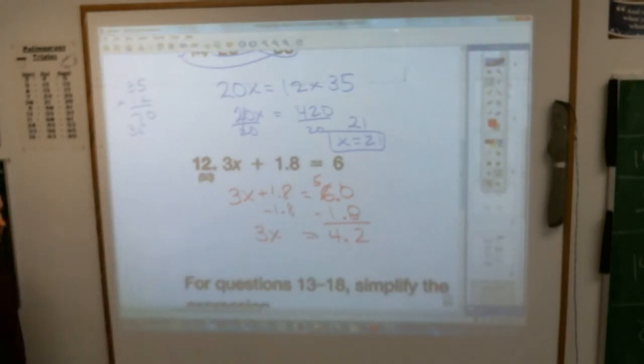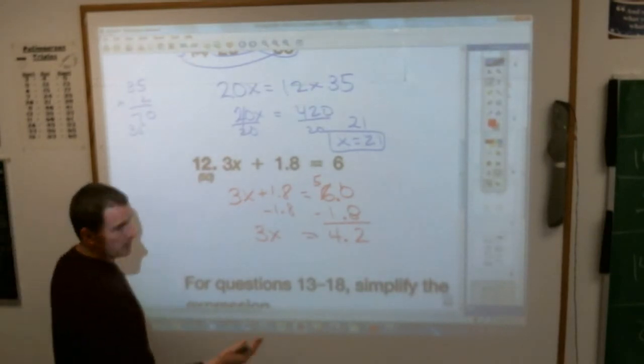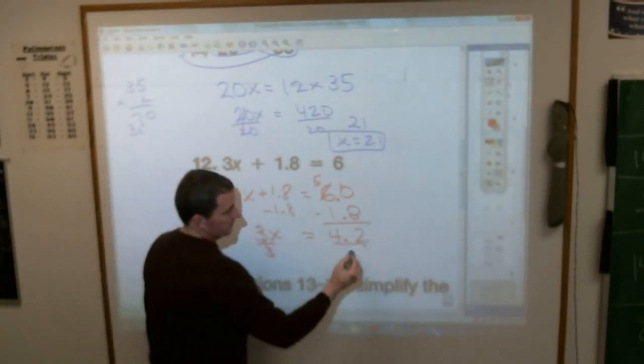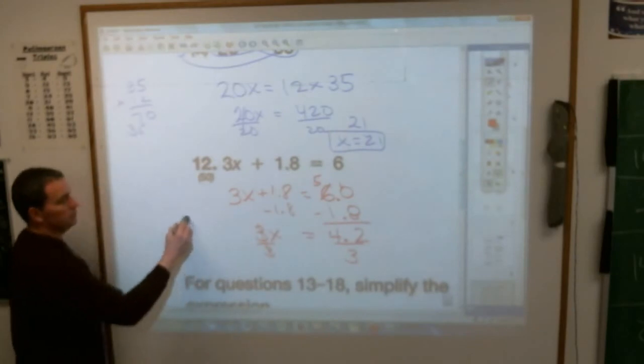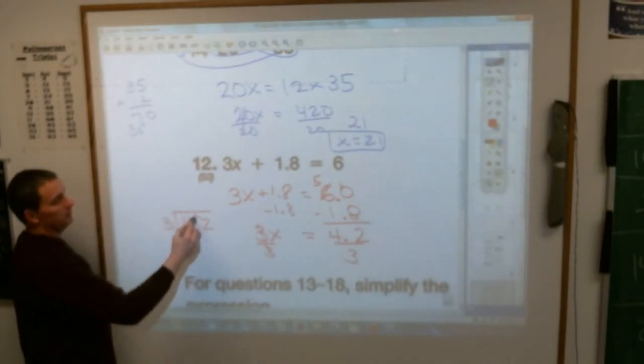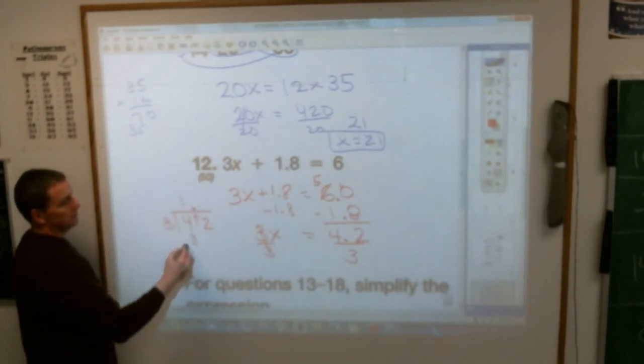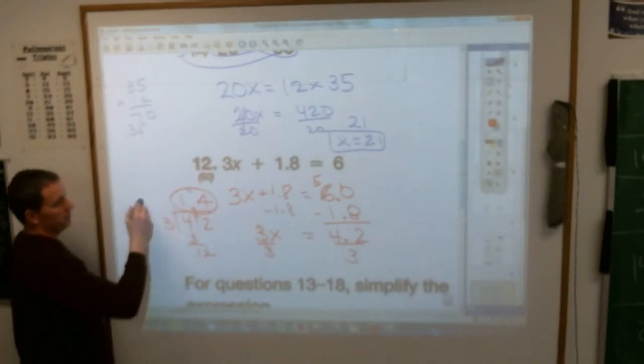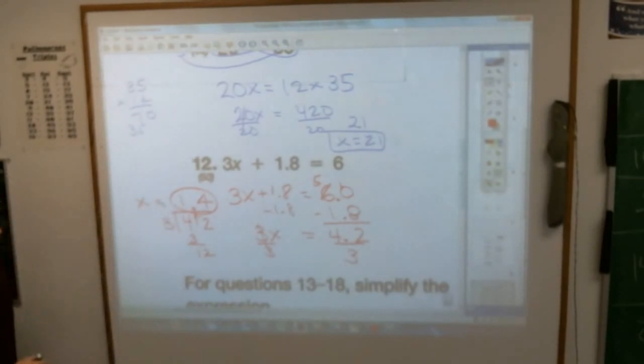How do I separate the x from its good friend, the 3? The opposite of multiplication is division. Divide by 3, divide by 3. 4.2 divided by 3, the decimal straight up, is 1.4. X equals 1.4.